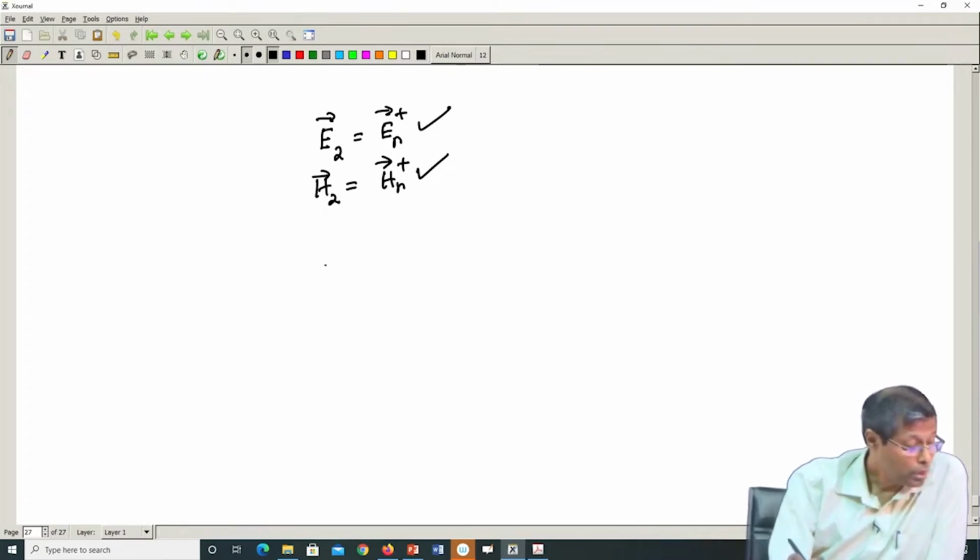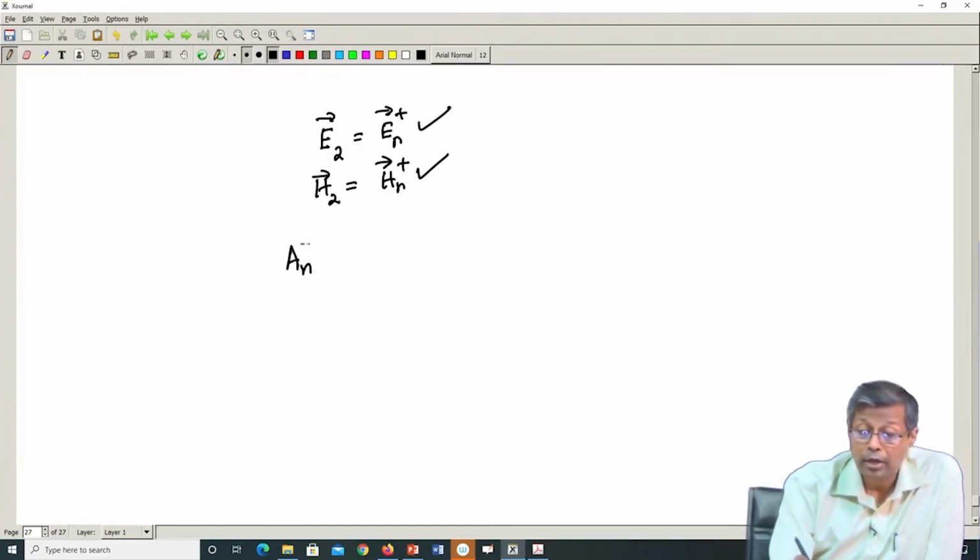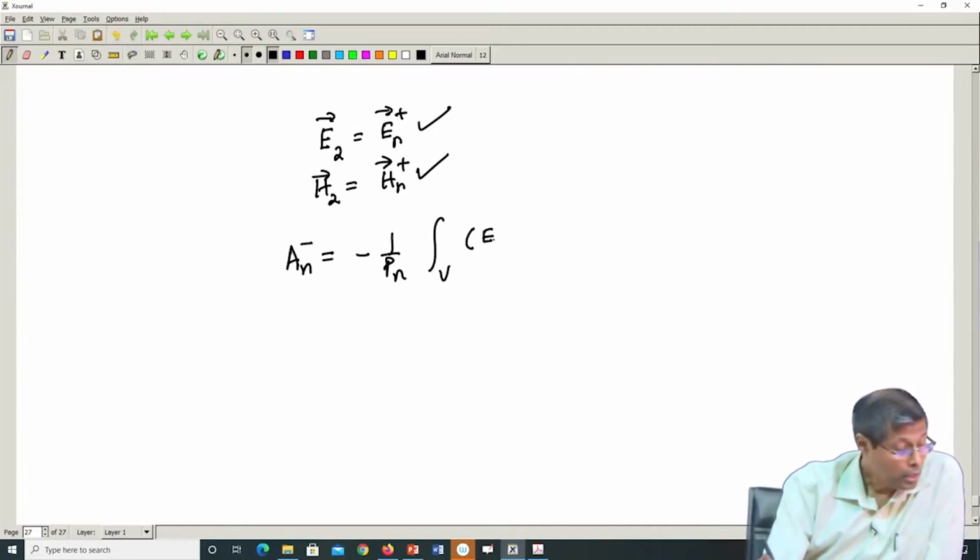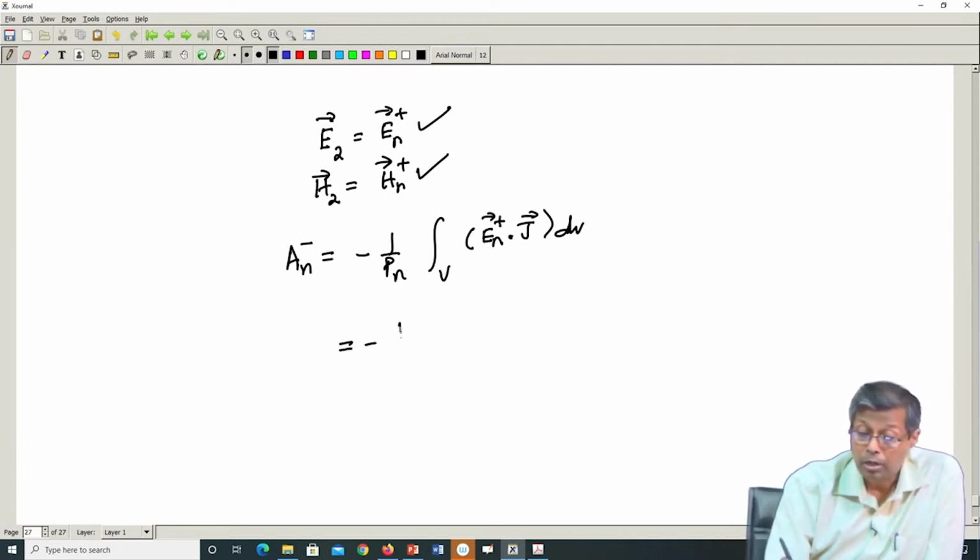So, now if we do the same exercise once over again, we will find the amplitude of the nth moving backward wave as minus 1 by P n, the volume integral E n plus dot J dV, and that will be the same as 1 by P n, the volume integral.